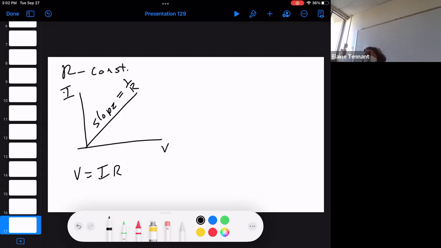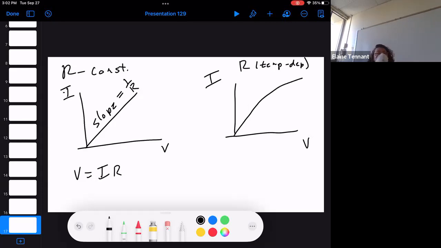But then I have something like that light bulb, where over time, this is temperature dependent, my IV curve will actually start looking like that.